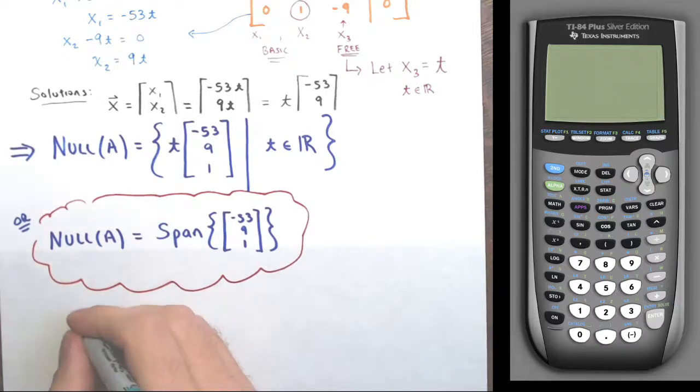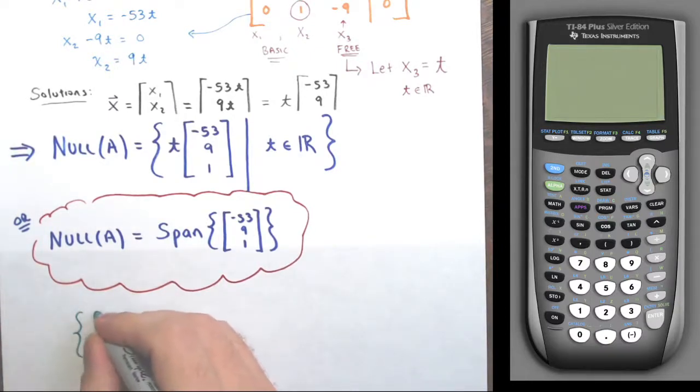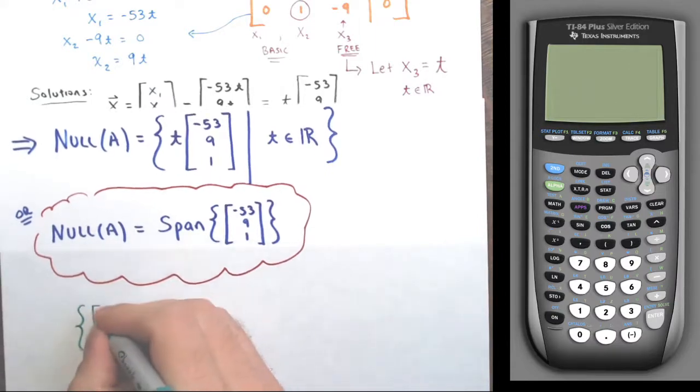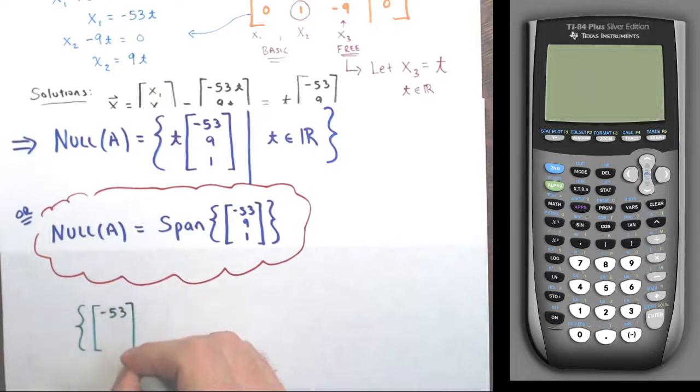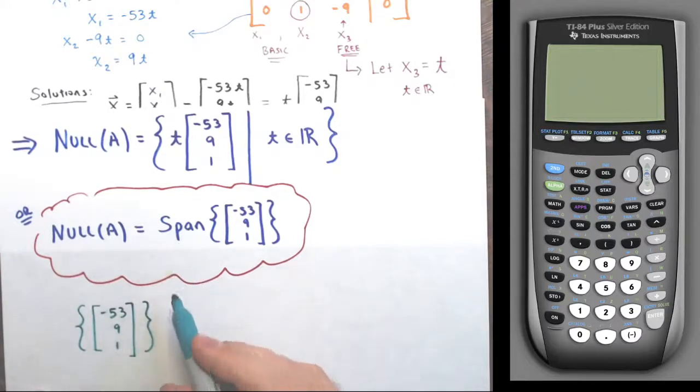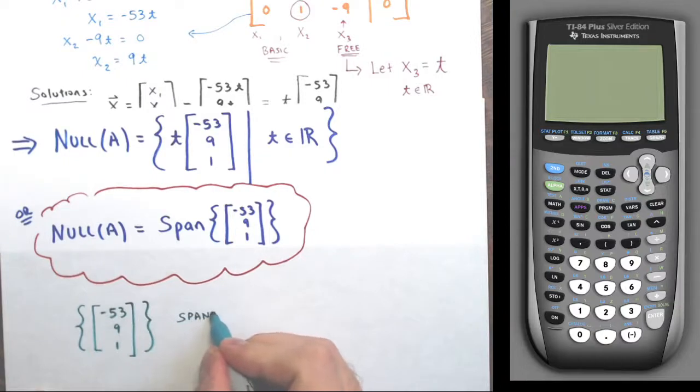Right? So the set with this vector, negative 53, 9, 1, right, it spans the space clearly. Right, it spans the null space of A. Check.